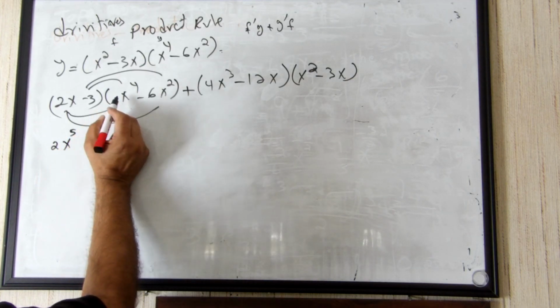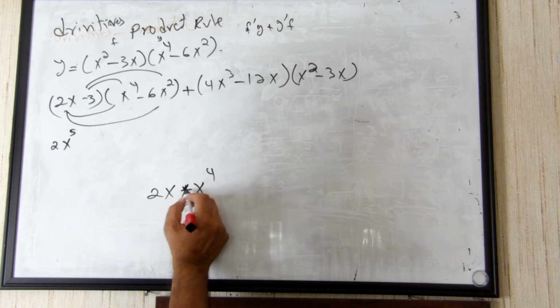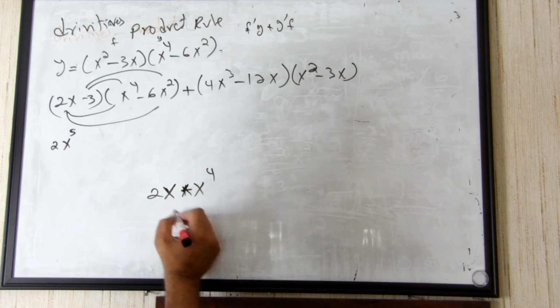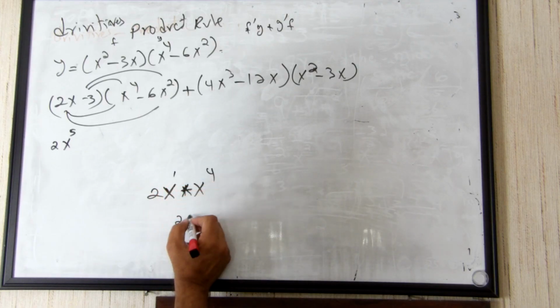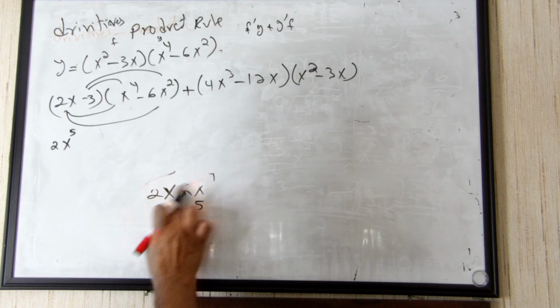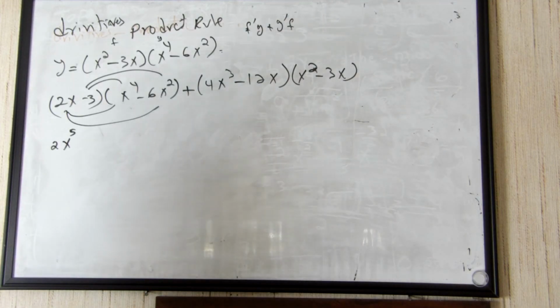2x^5, because when we have 2x times x^4, this is multiplication. We write the coefficient here and we add the exponents of these two together, x to the power of 5. Well, we talked about it earlier.